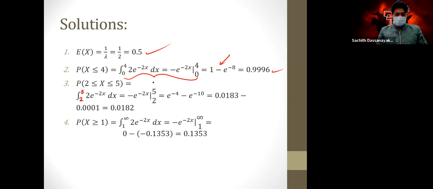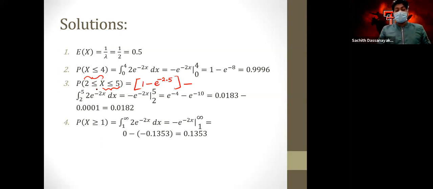For this piece, x less than or equal 5, it is 1 minus e to the power negative lambda x, which means 2 times x, where x is 5. Clear? Minus this piece.